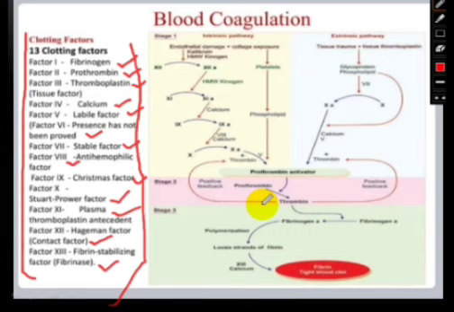occurs in 3 stages. A is the formation of prothrombin activator.